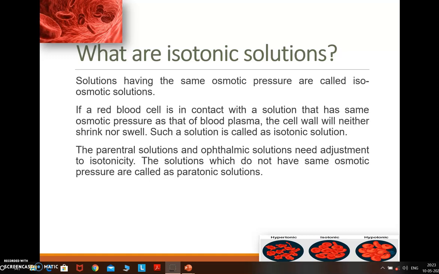So if I am going to deal with the actual way how this happens, I need to tell you that there are solutions which have a certain osmotic pressure. If this osmotic pressure matches with the osmotic pressure of your blood plasma, you can assume that the solution that is being injected is isotonic with your blood plasma.